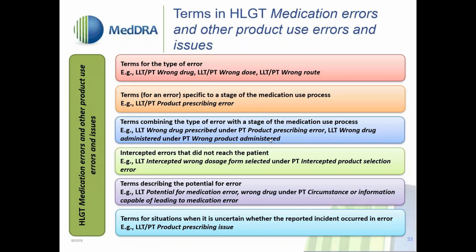For example, PTs for errors reflecting a stage of the medication use process may contain LLTs for specific types of errors occurring within that stage. So always search for the most specific LLT when coding to capture the full information of what has been reported. Like always, this is a general MedDRA rule. It also applies for medication errors.